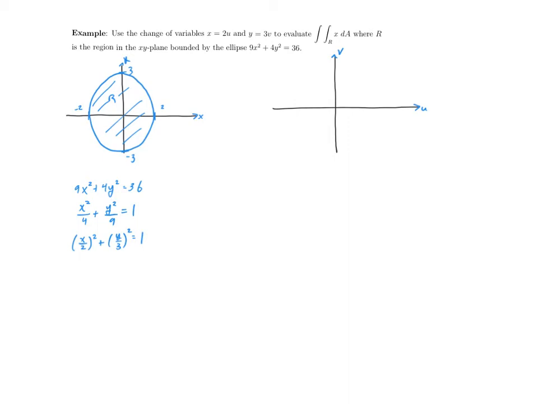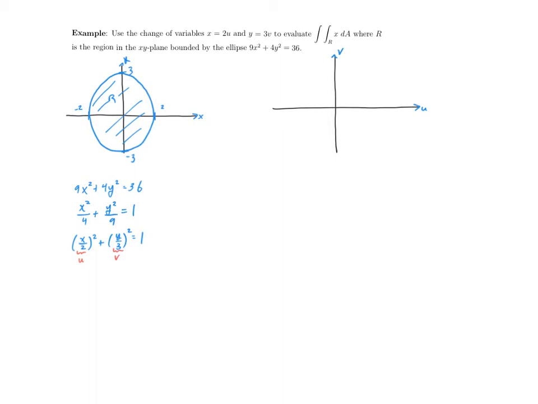And if you want to think about how you could get a corresponding circle, this is a transformation we can come up with ourselves. If we look at the bottom line of our work, if we simply make that x over 2 a u and the y over 3 a v.